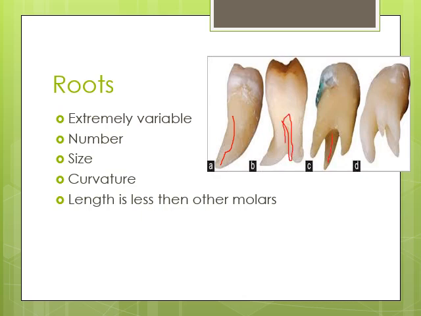There could be an increase in the number of roots, and accessory canals are commonly found in the mandibular third molar. There is high variation in the roots, and commonly the third molars have less length as compared to other molars in the oral cavity.